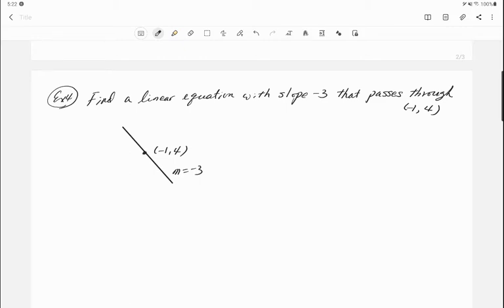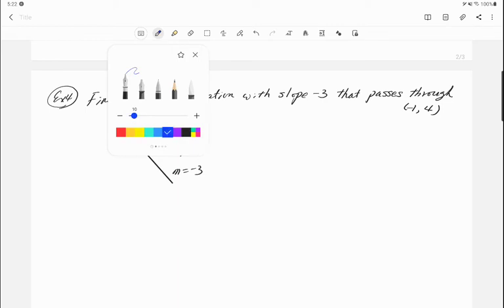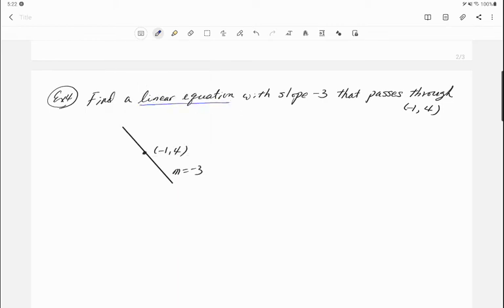So in that case, let's use both forms, point slope form and slope intercept form. All right, this is really important. When we write a linear equation, always, a linear equation requires two items. These two items are what?